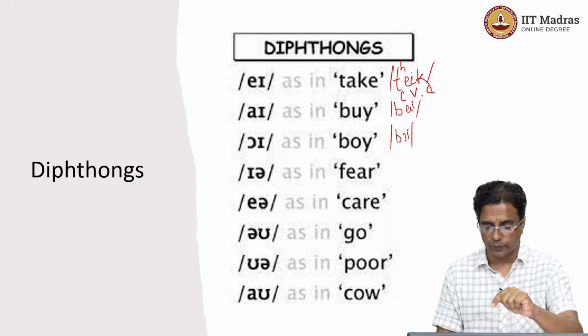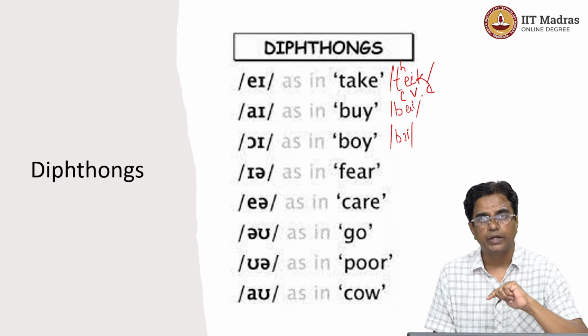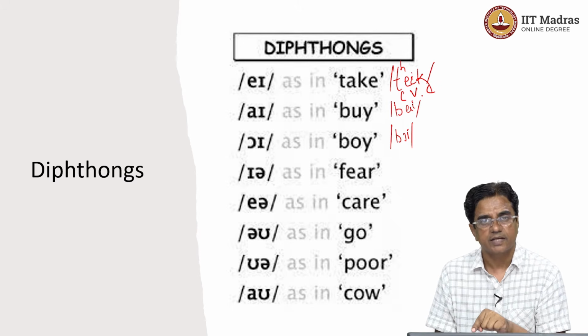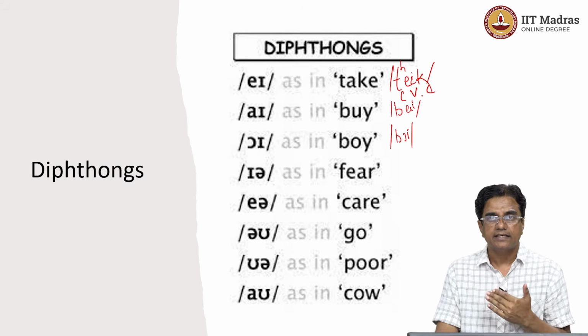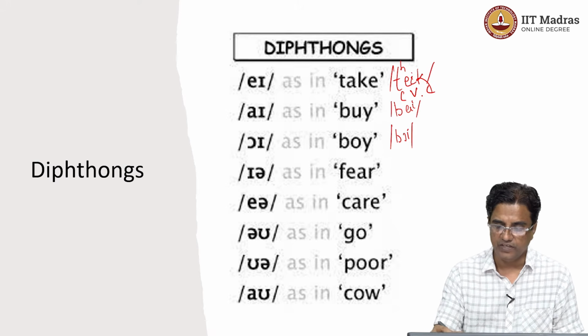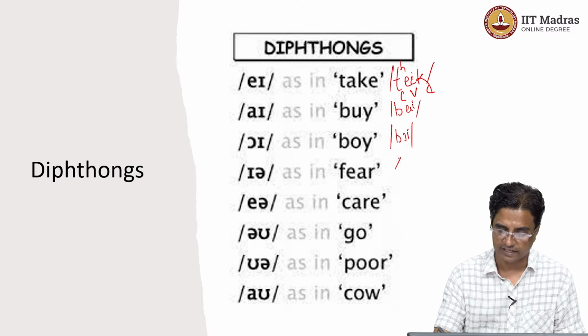So when you write words with their phonetic transcriptions and identify sounds, that is the process to help improve our pronunciation. Fear. So we have sound fa, e, and a.